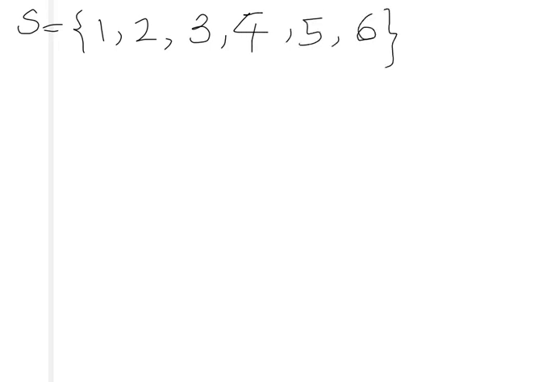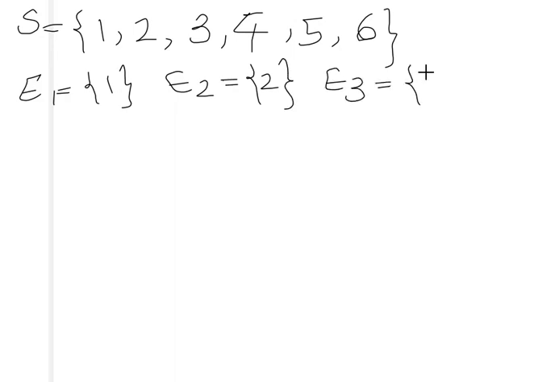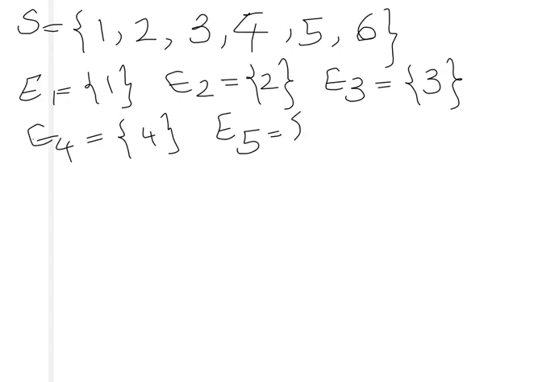For example, for rolling a dice, the sample space is 1, 2, 3, 4, 5, and 6. So E1 is 1, E2 is 2, E3 is 3, E4, E5, and E6.